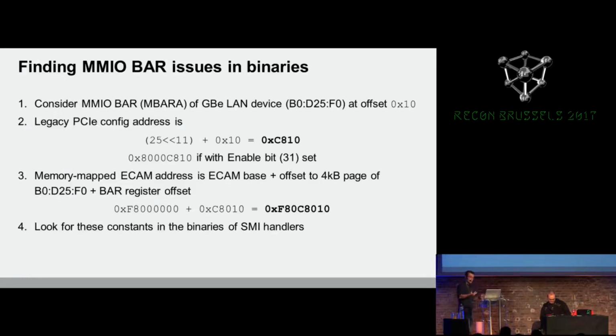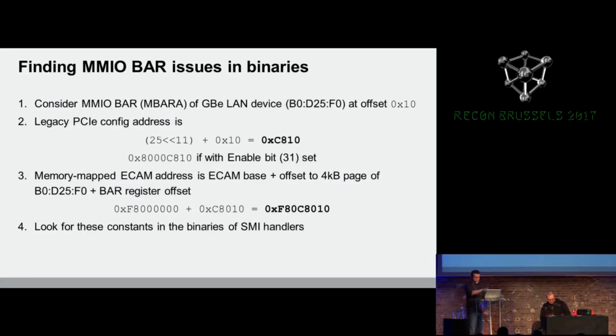If the firmware can use two mechanisms, as Alex described: one is the legacy mechanism through the CF8, CFC I/O ports, and one is the enhanced mechanism through the memory-mapped config space. For the first mechanism, the address of that BAR register is calculated as device number left-shifted 11 bits plus the offset. There's also, of course, the bus number left-shifted 15 bits, I think, and the function number.